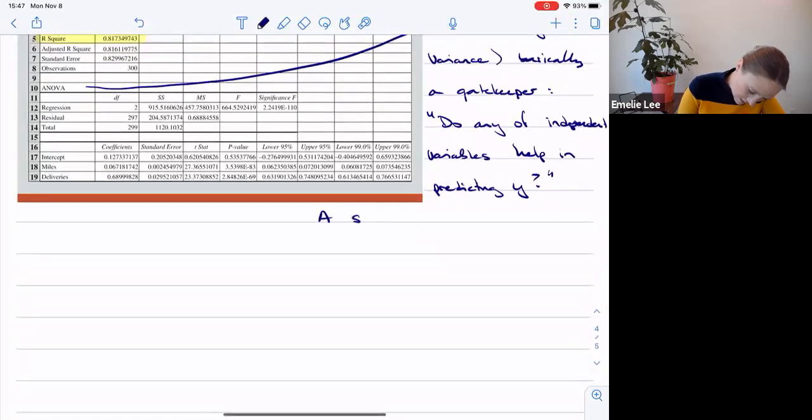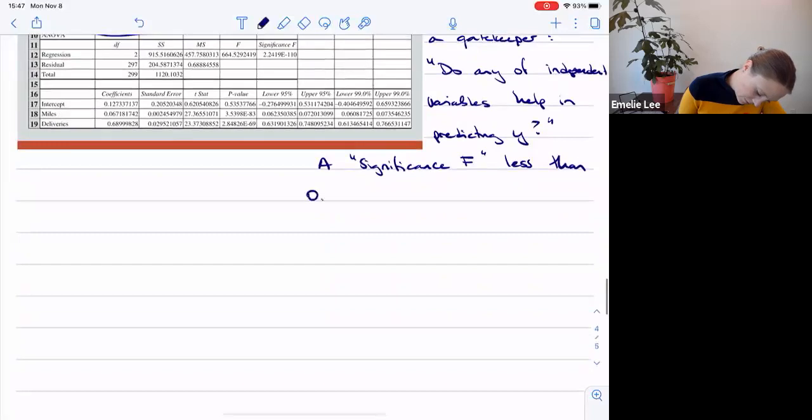A significance F less than 0.05 means the answer is yes.